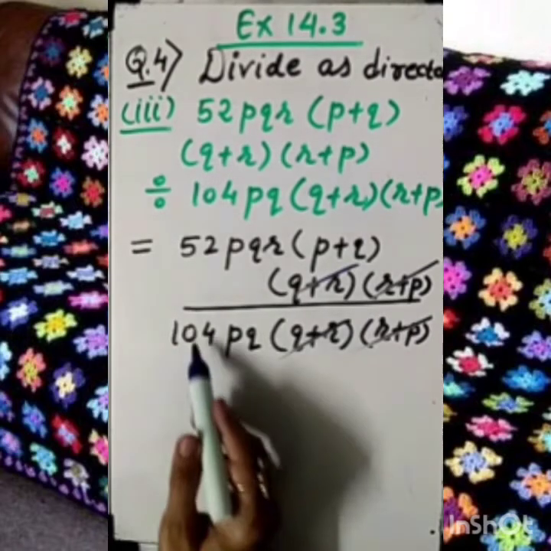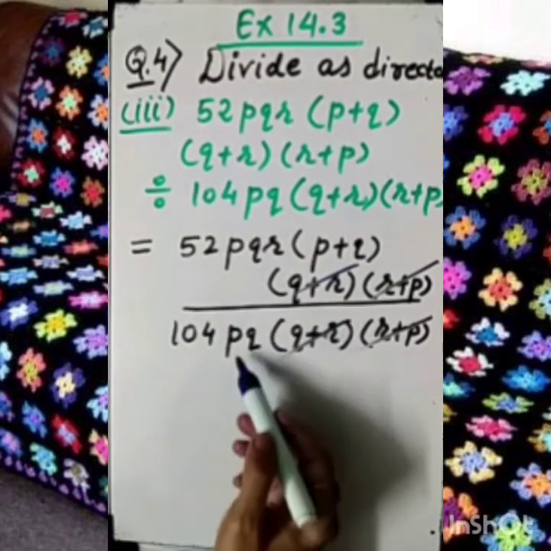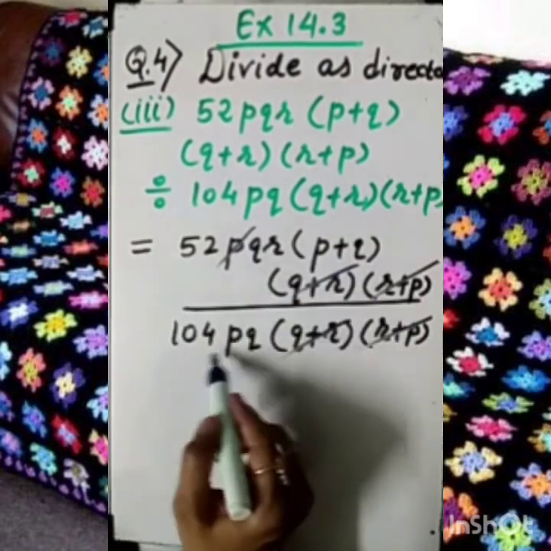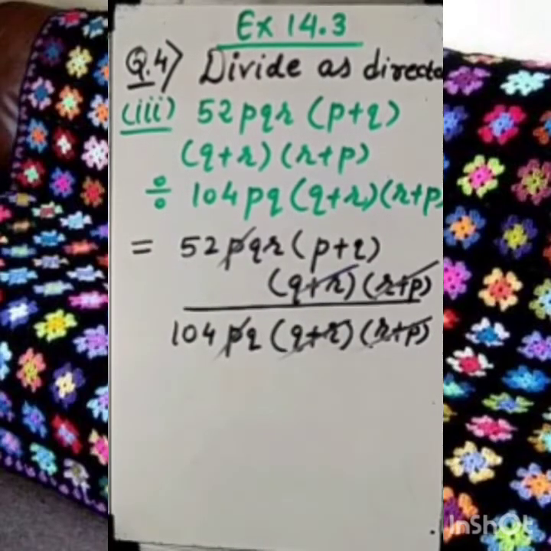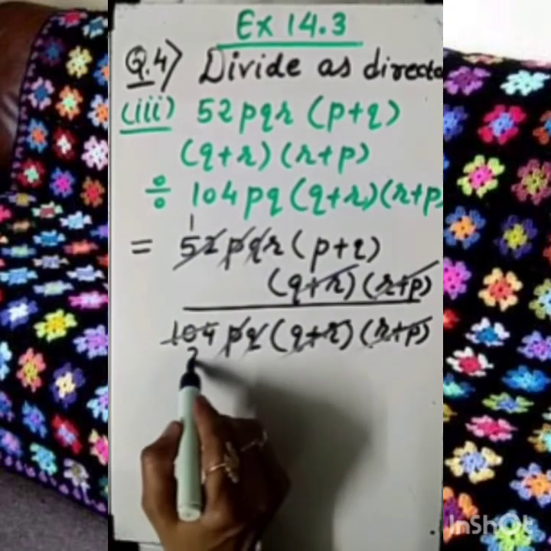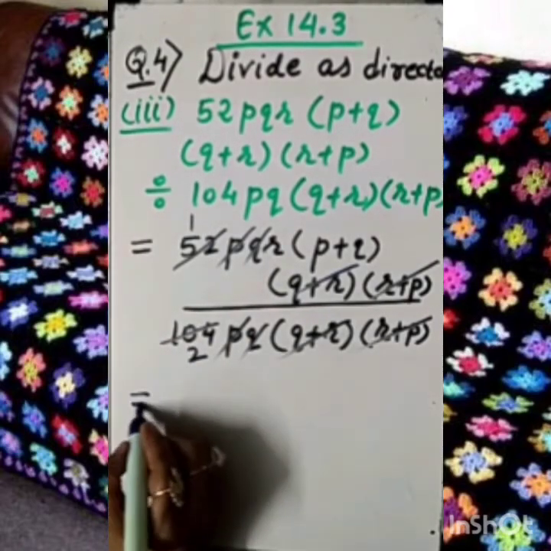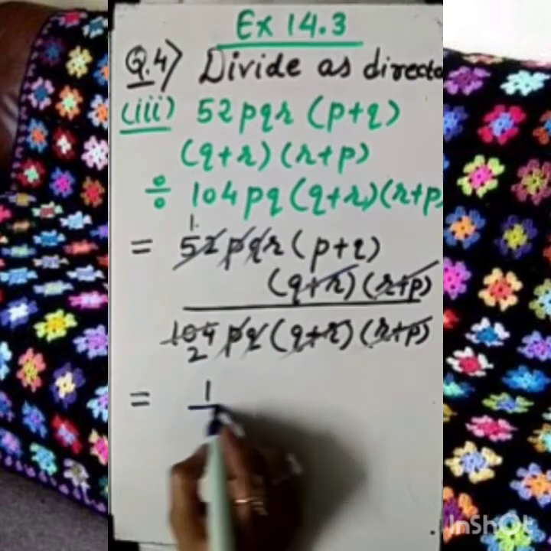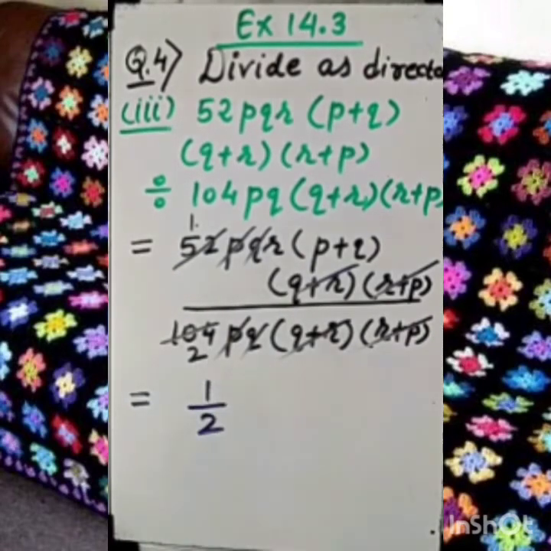What about these terms? Something should be common in that. Yes, again you can see p with p cancelled, and q with q we can cancel. Now we know that 52 ones are 52, 52 twos are 104. So in the numerator 1 will be left and in the denominator 2 is there.